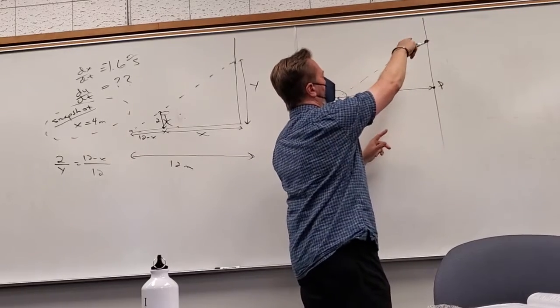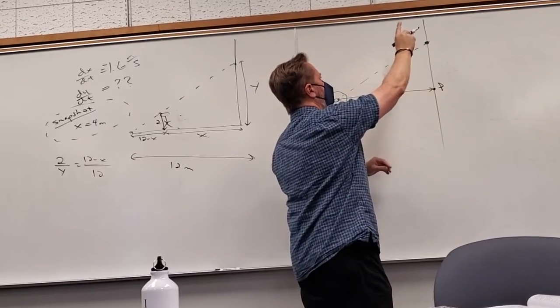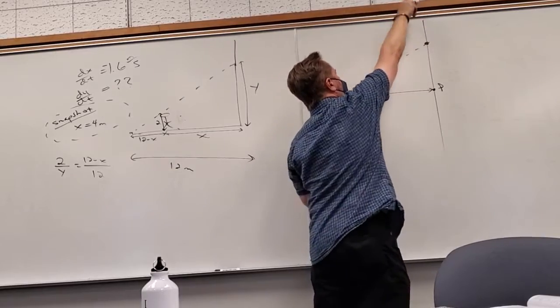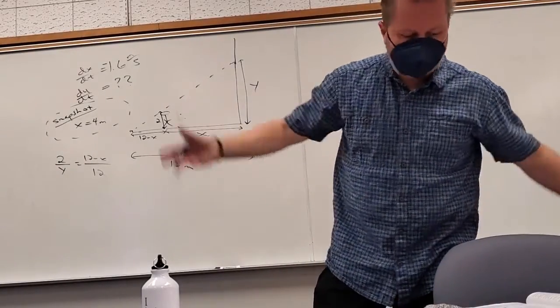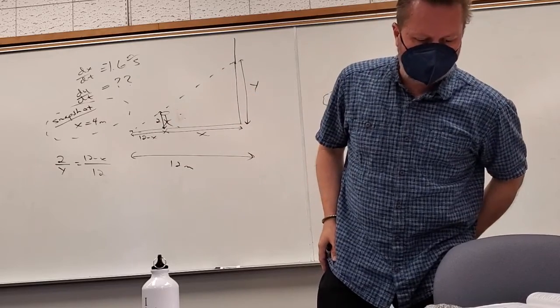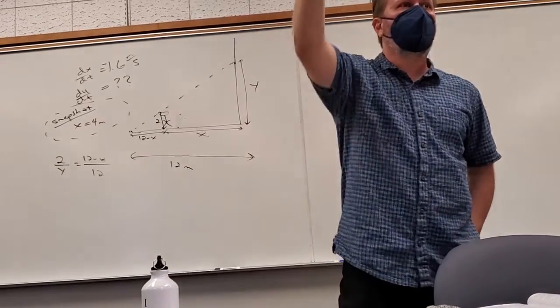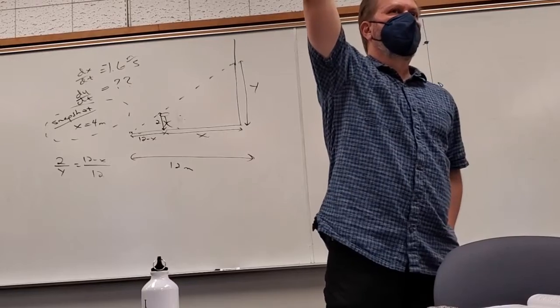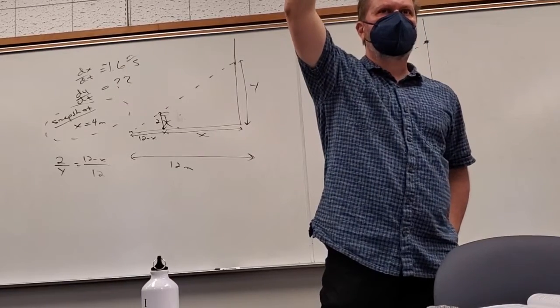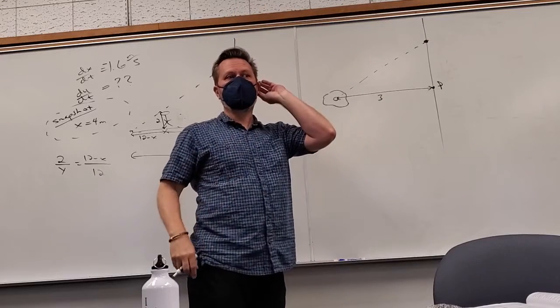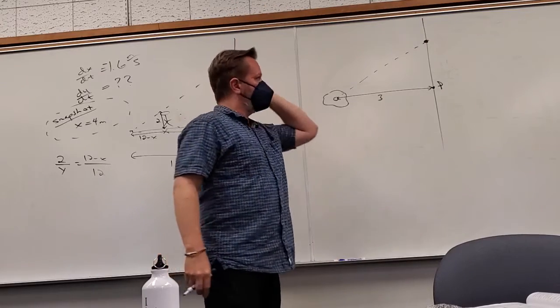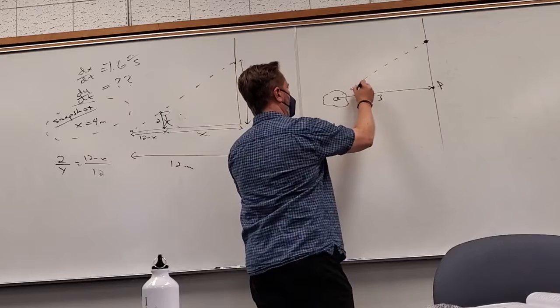The question says, how fast is the beam of light moving along the shoreline, correct? So what's another variable that I need to set up? Time? Theta? Yeah, you could use theta. So here's theta.